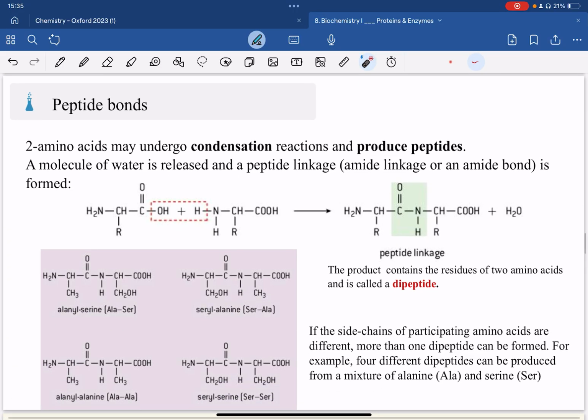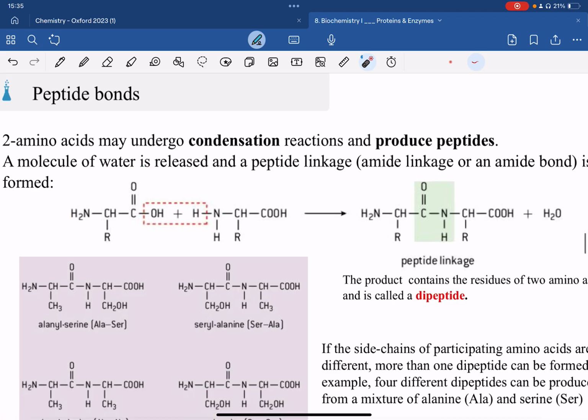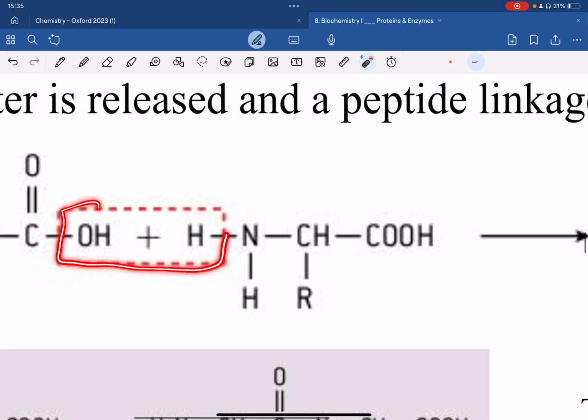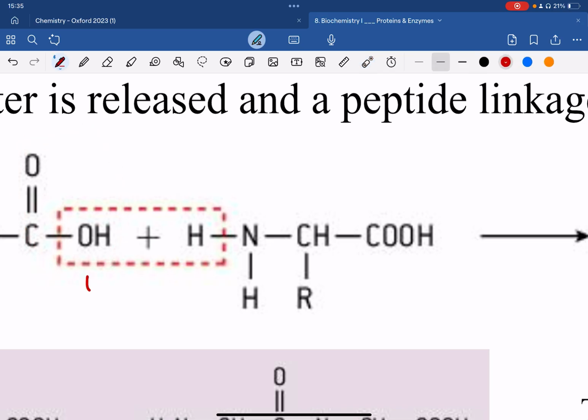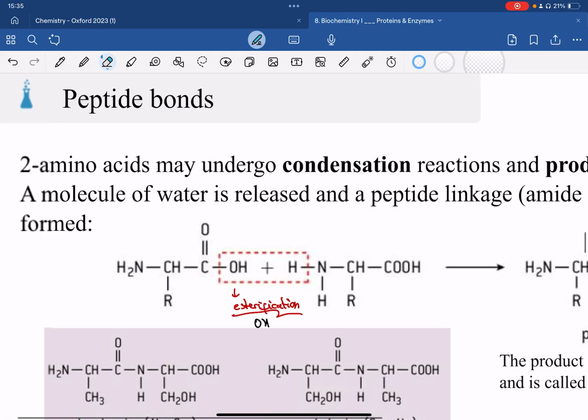Peptide bond, or amide linkage, is what we call the bond whenever two amino acids join together. As I have mentioned, we remove OH from the carboxylic acid part. Also remember, it's the same in the esterification reaction too. Please recall that in esterification, we remove OH from the carboxylic acid, we remove H from the alcohol part.